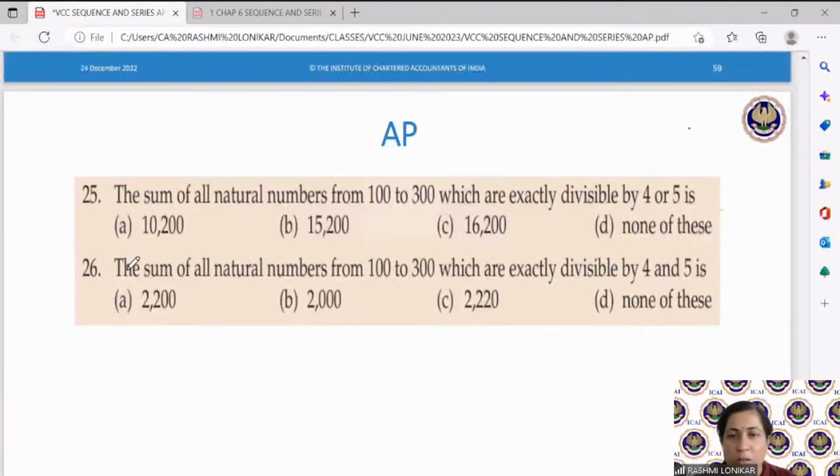Can you tell me what is the difference between the question 25th and 26th? Are they asking the same thing? The sum of all natural numbers from 100 to 300 which are exactly divisible by 4 or 5. And 26 says the sum of all natural numbers from 100 to 300 which are exactly divisible by 4 and 5. Can you tell me what is the difference or are they the same?